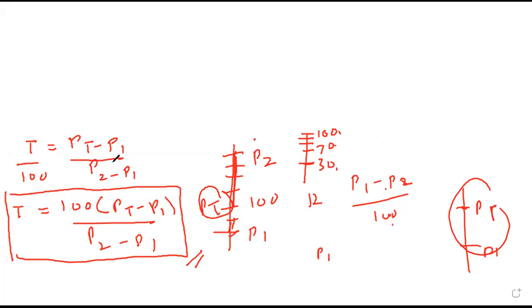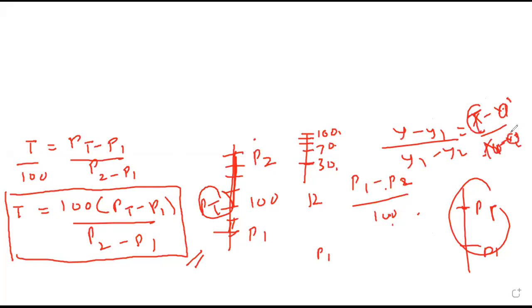See, actually speaking, this is the same as Y minus Y1 upon Y2 minus Y1 equals X minus X1 upon X2 minus X1. So if X is temperature T and X1 is the starting point 0, then X2 minus X1 with X2 as 100 and X1 as 0.